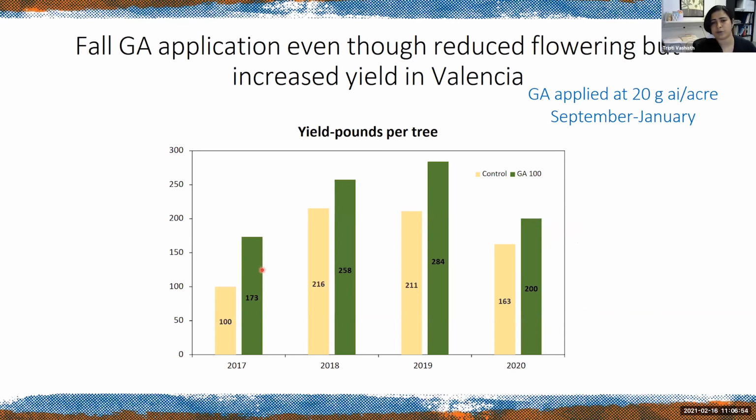But 2019 is when we do see a statistical difference, and 2020 as well, because now we don't see as much variability in the trees. So we are seeing increase in the pounds per tree with the GA application. Just interestingly, GA does reduce flowering, but we are seeing increase in the yield. So we have fewer flowers to begin with, but the yield is increased.